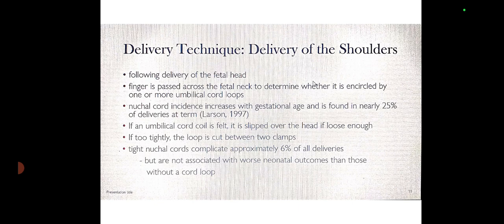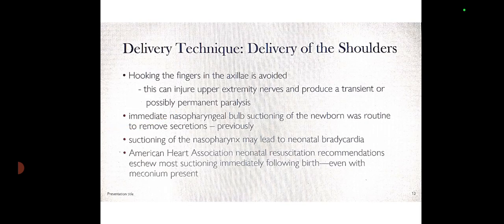If an umbilical cord coil is felt, it is slipped over the head if loose enough. If too tight, the loop is cut between two clamps. Tight nuchal cords complicate approximately 6% of all deliveries, but they are not associated with worse neonatal outcomes than those without a cord loop.